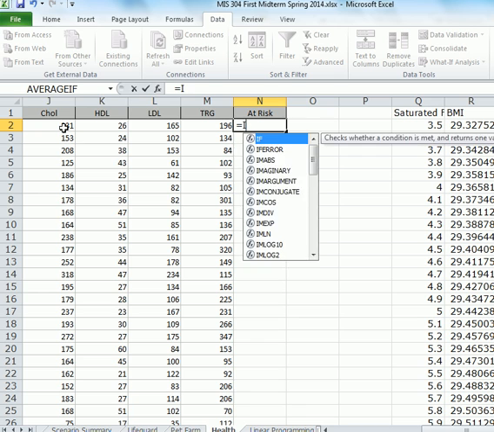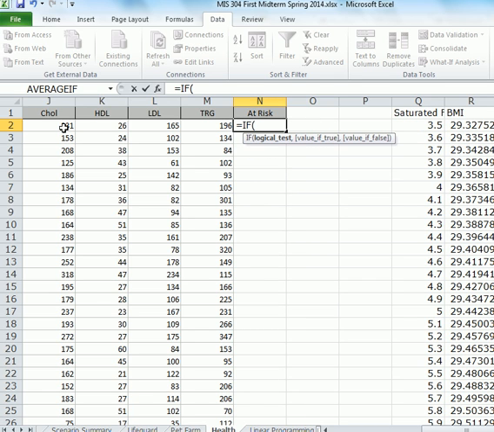So it is equal to if, and that's very simple. Check cholesterol, which is J2, greater than 230. And I put a comma. Put the value at risk. Otherwise, don't put anything. And I leave an empty set of quotes, and I close. And that's all.